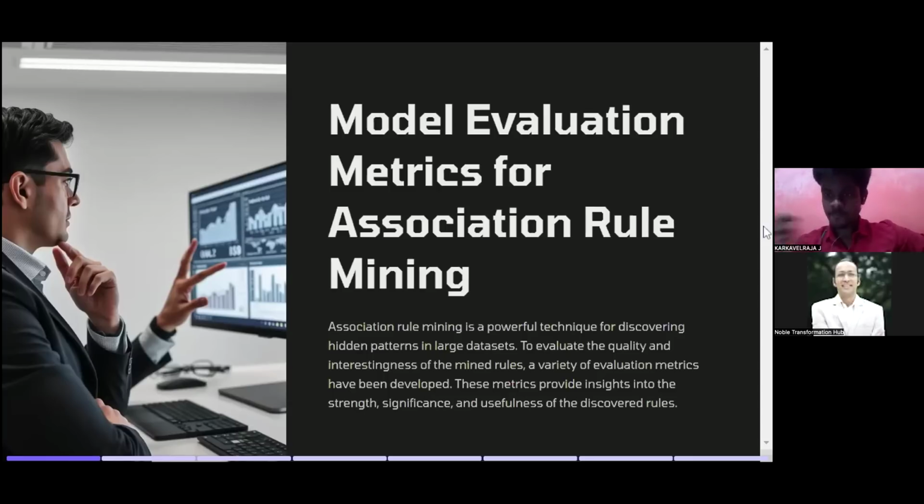To evaluate the quality and interestingness of the mined rules, a variety of evaluation metrics have been developed. These metrics provide insights into the strength, significance, and usefulness of the discovered rules. We will go deep into understanding the model evaluation metrics for association rule mining. So, let's go to the next section.